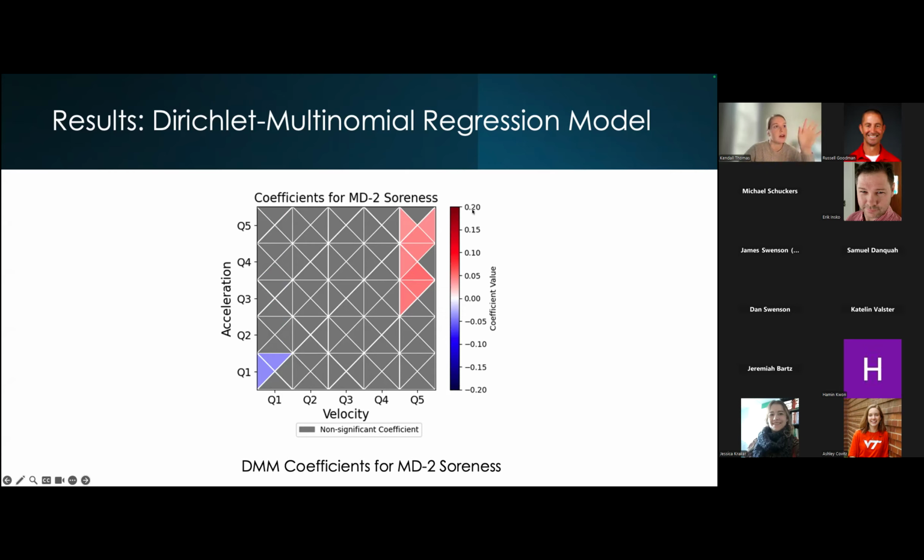So if you have a positive score, you're spending more time in these high velocity, high acceleration zones, and if you're more sore, you're going to be spending more time here, which is what we would expect. But I think it's a good sanity check to see that we can see these representations in our data. So far, all of our results align with intuition, but it's good to know that this model's representation can be used.